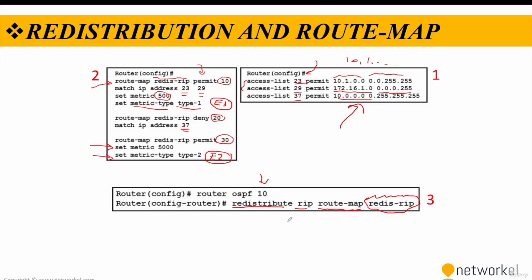When I'm doing the redistribution from the RIP domain to my OSPF domain, I am applying this route map, and this route map will allow me to set some metric values, set certain metric types as type 1 or type 2, or help me deny some of the address ranges as well. So that is how it works.